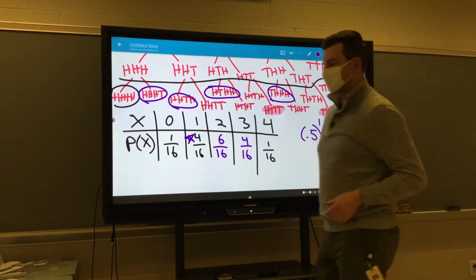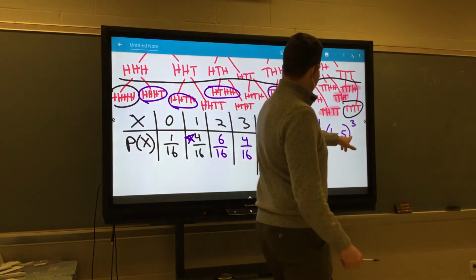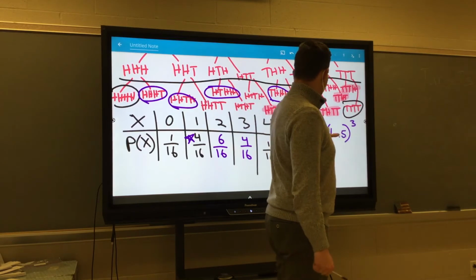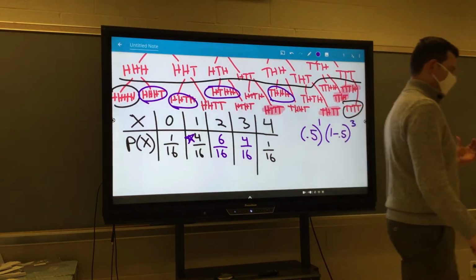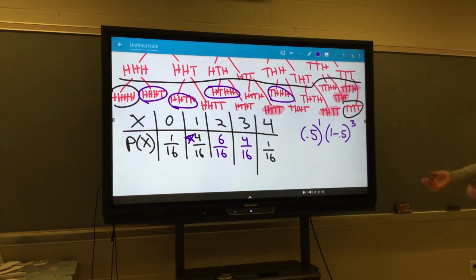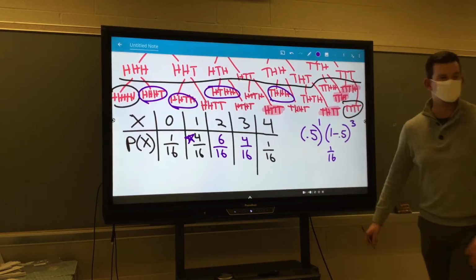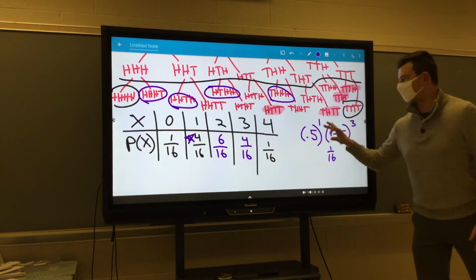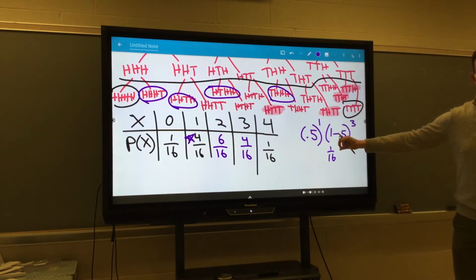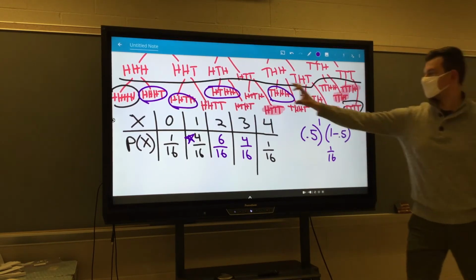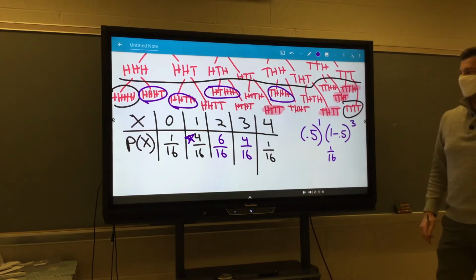So you multiply this out, 0.5 times 0.5 times 0.5 times 0.5, really this turns out to be 1/16, which makes sense. This is one of our outcomes for this scenario, where we have 1 head and 3 tails.